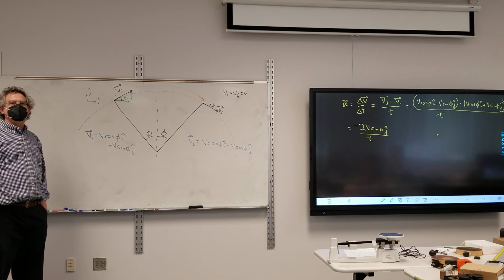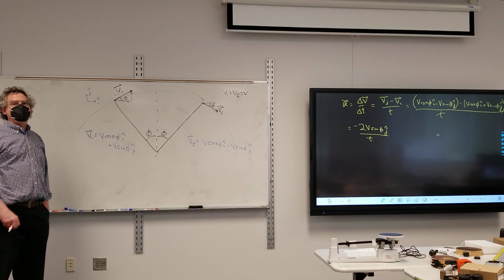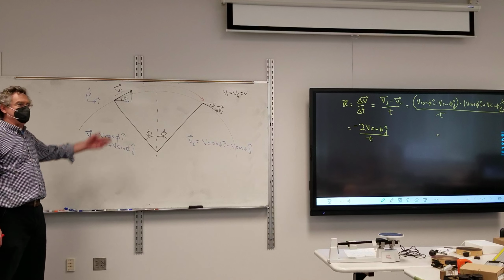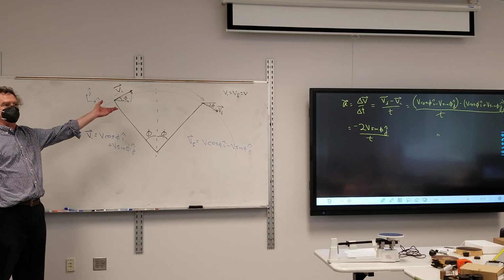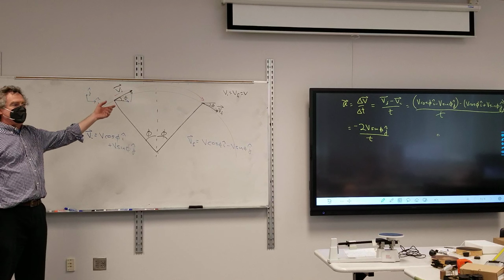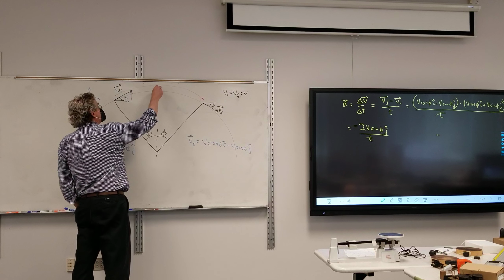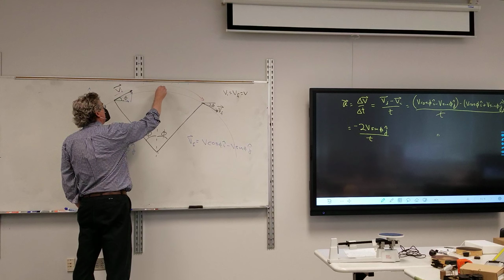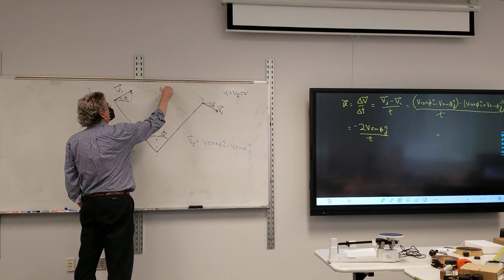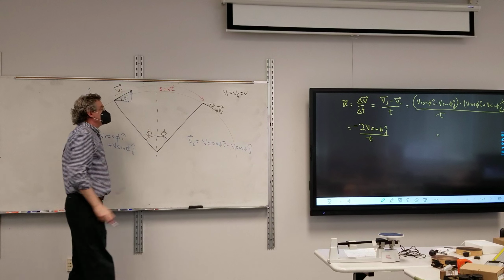I'm asking for the arc length in terms of speed and time. Speed times time. If you're traveling 50 meters per second for 5 seconds, you're pretty good, 250 meters. So it's just the speed times the time. So the arc length here is equal to vt.